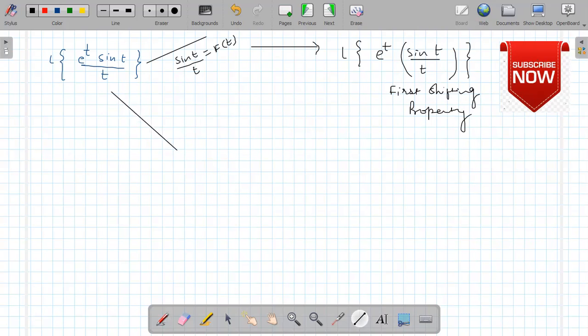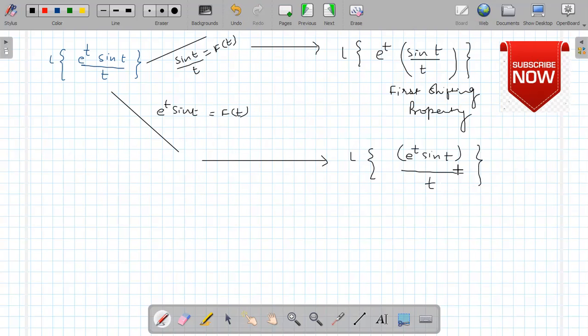Or what you can do is you can also take e to the power t sin t as f(t). अगर आप ऐसा करते हो तो फिर आपको लाप्लास फाइंड करना पड़ेगा e to the power t sin t की ग्रुपिंग यहाँ पर होगी और फिर डिवाइडेड बाय t होगा. तो here you use the property of f(t) divided by t.